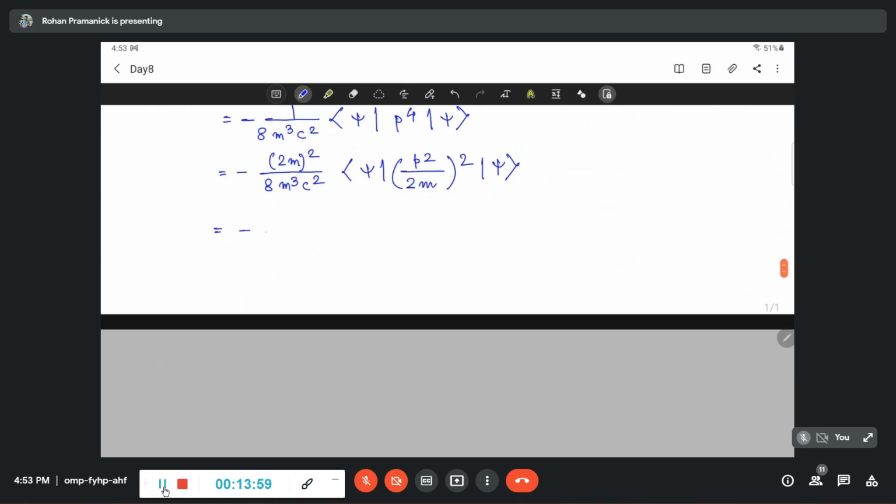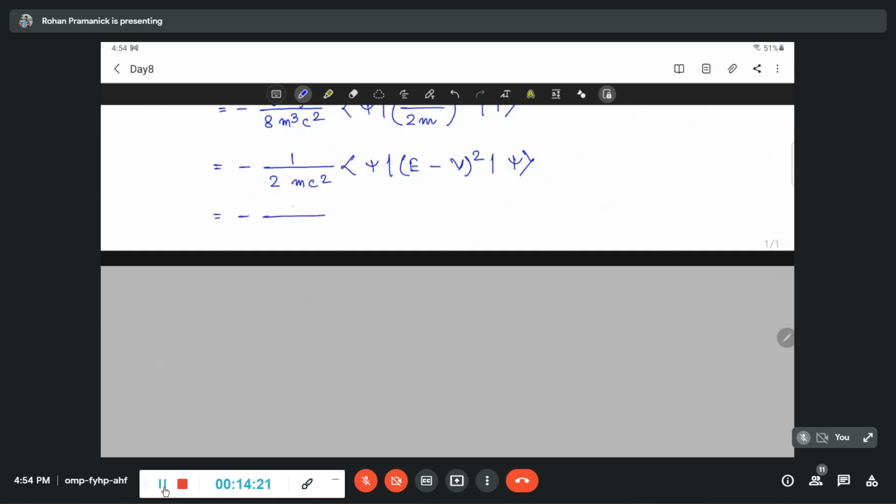So this becomes minus m squared, and with m cubed gives you 1 by 2 m c squared, psi, and this we can write as E minus V, because this is the classical part, and then psi.